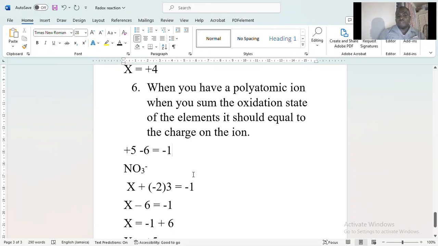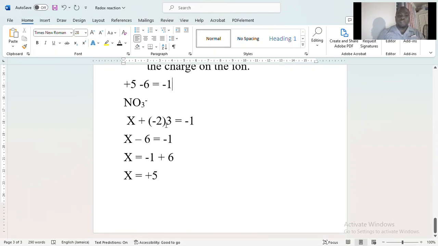And so sometimes when you work it out, if you want to ensure that you're on the right track, you can plug them in and check, right? And so that would basically sum up being able to assign oxidation numbers using the rules.